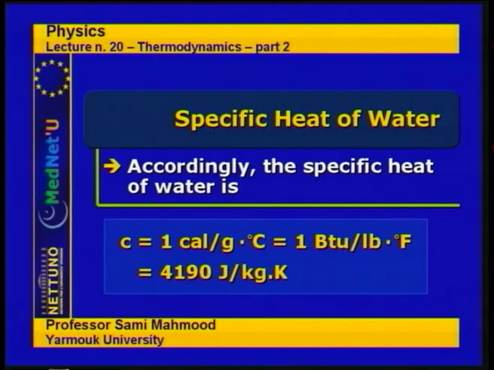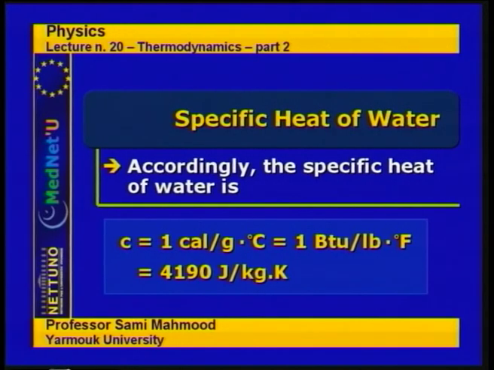And thus, converting these traditional units into the units in the international system, putting instead of calorie 4.186, putting instead of gram 10 to the minus 3 kilogram, and putting instead of centigrade Kelvin, because the centigrade is equal to the Kelvin as a unit of temperature, then we have 4,186 joule per kilogram per Kelvin.